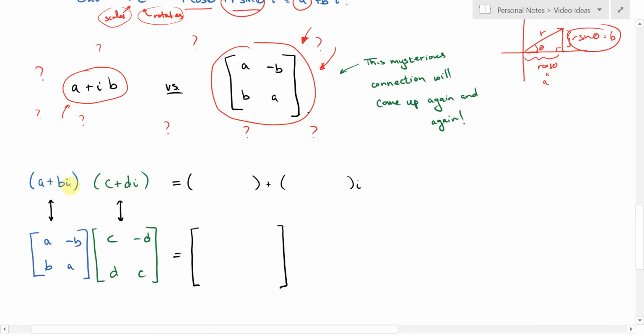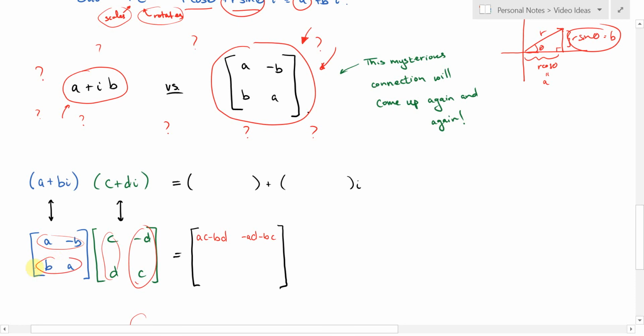If I have a plus bi and c plus di, we can think of them as these corresponding matrices, where you put real component, negative imaginary, imaginary, real, and so on. And if we actually multiply these things out, row by column, this times this, it would be a times c plus negative b times d. It would be ac minus bd. And then first row, second column, would be negative ad minus bc.